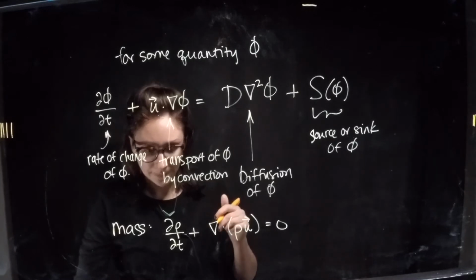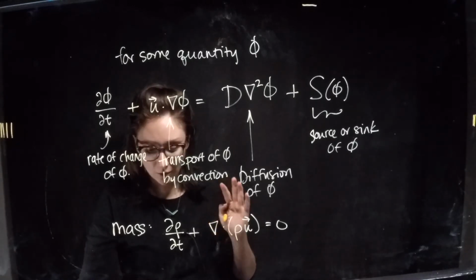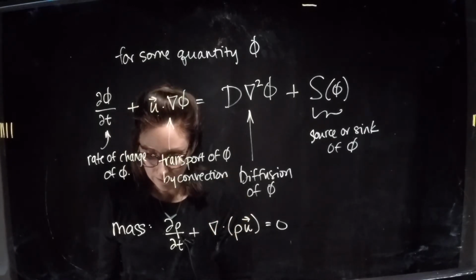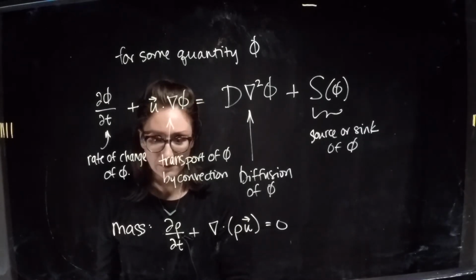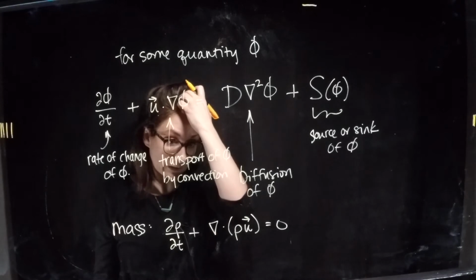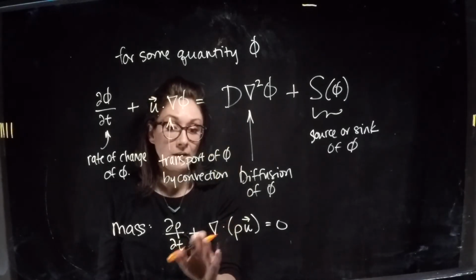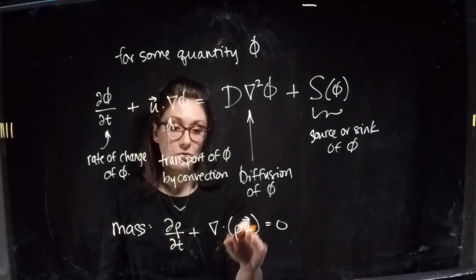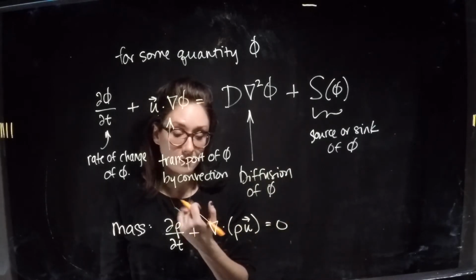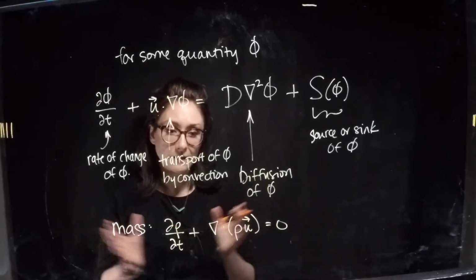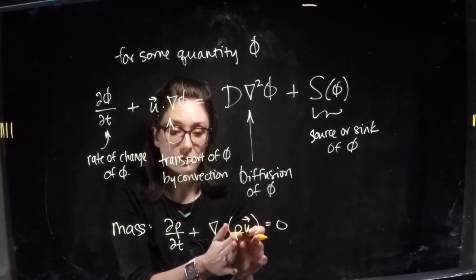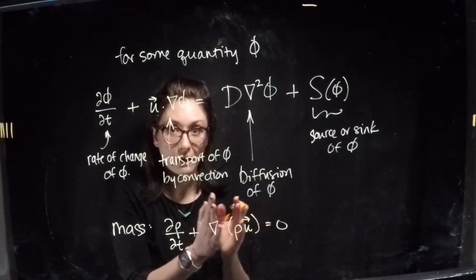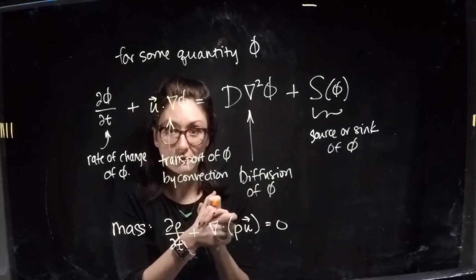Matter cannot be created or destroyed, and so the change in matter in the domain is essentially equal to the amount of matter being convected into the domain, and then any compressibility effects. Since we have rho and u still in this divergence term, we could have matter being squished in as well.